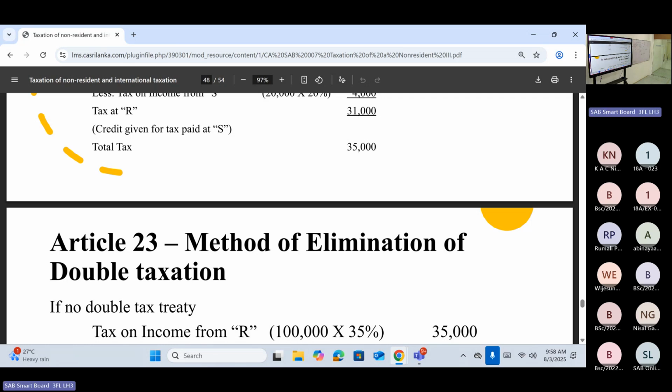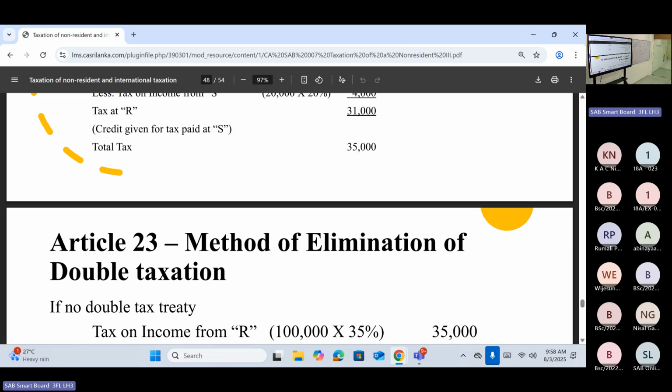Say we are receiving income from Bangladesh. As per the Bangladesh tax law, the source country collects tax. That tax we can claim in Sri Lanka. Therefore, if we have a double tax avoidance agreement with full tax credit, we can claim the tax paid in the country where that income is generated.